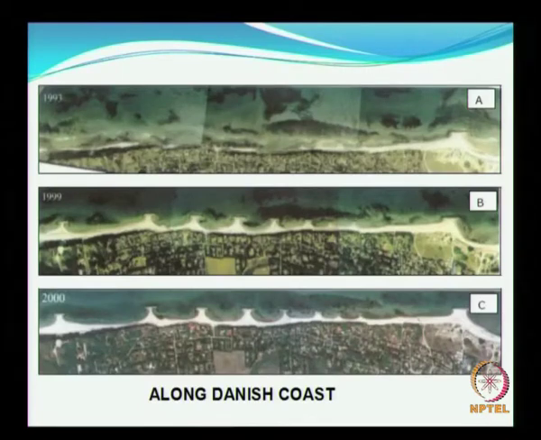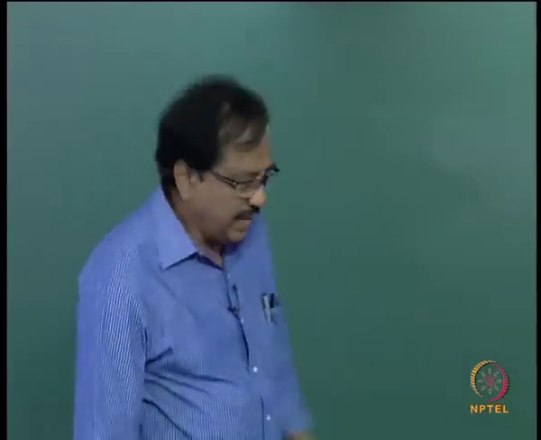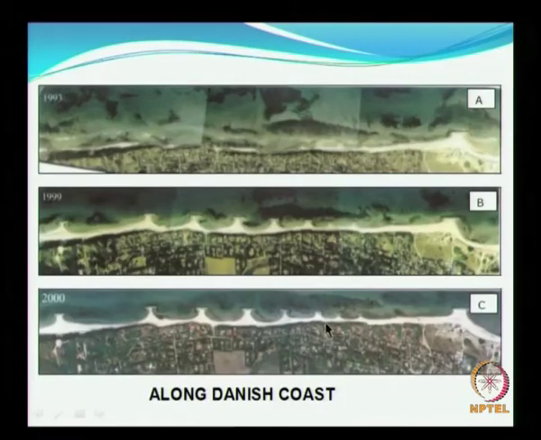This picture shows how, along the Danish coast, the offshore detached breakwater has helped in beach buildup, as seen in satellite imagery. You see the status of the coast in 1993, and then in 1999 you have the slow buildup of the beach, the transport of sand, and trapping of the sand behind the breakwater, and once it is trapped you have the buildup of the beach. So then you have a nice beach here.